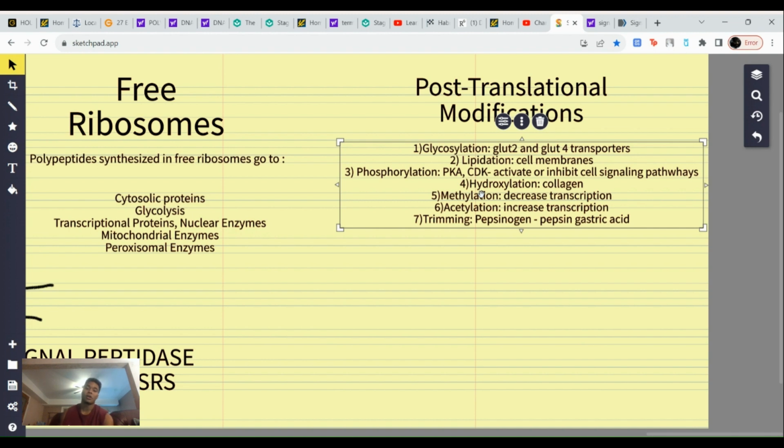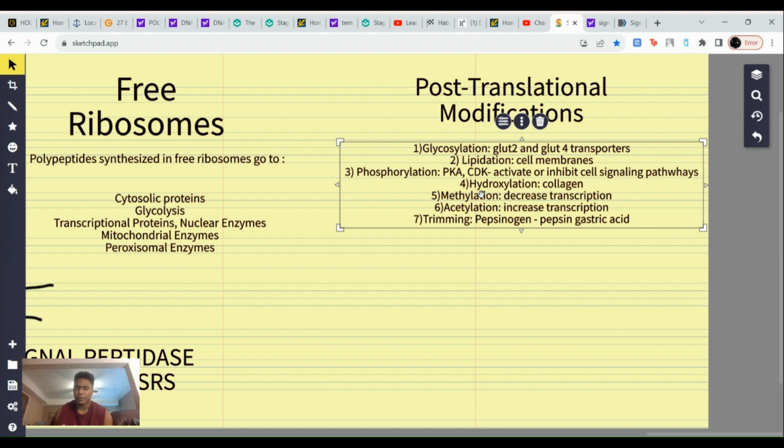So first, glycosylation, glyco. We're gonna have a sugar. So if you add a sugar or a glucose molecule to something, it's probably destined for a GLUT2 or GLUT4 transporter. So if you need a protein to go into a cell, maybe it's a cell in the stomach, and you need to get it into the bloodstream, it's going to utilize one of those GLUT2 or GLUT4 transporters.